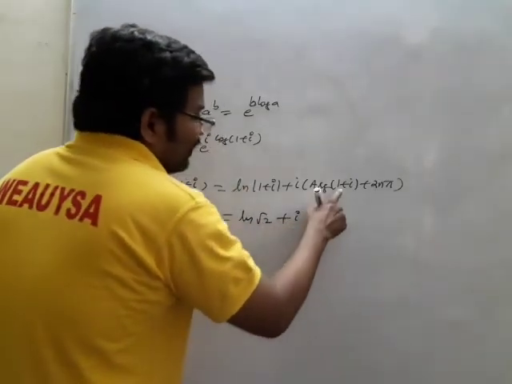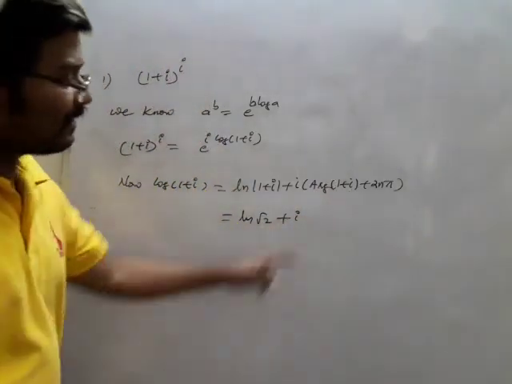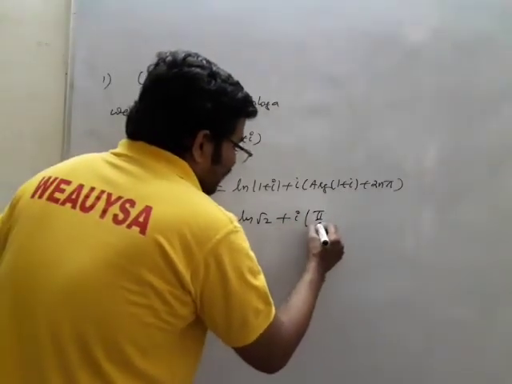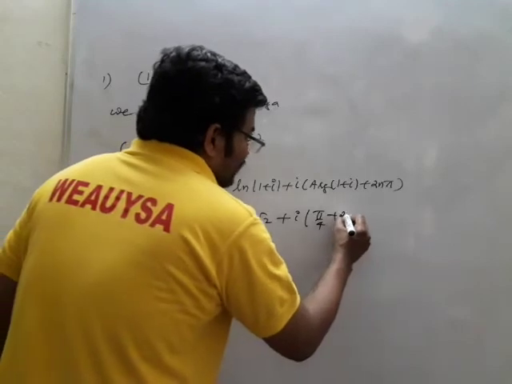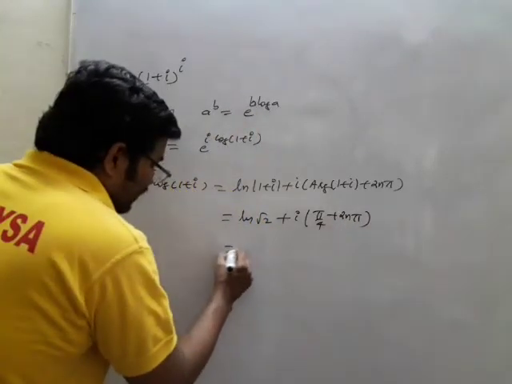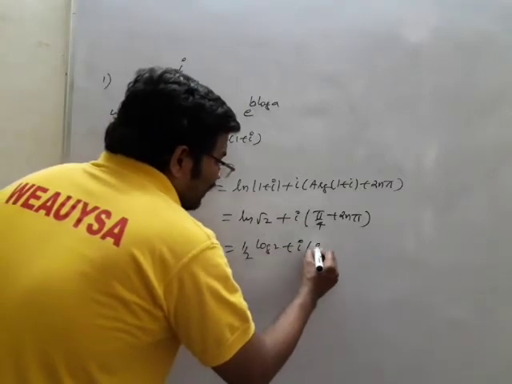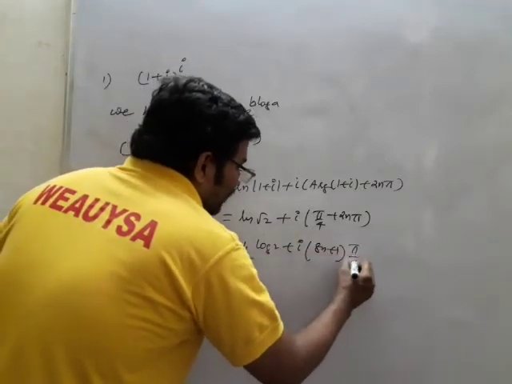Then i into tan inverse of 1, which is 45 degrees, that is pi by 4 plus 2n pi. So this is 1 by 2 log 2 plus i into 8n plus 1 pi by 4.